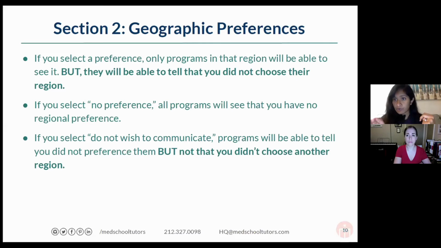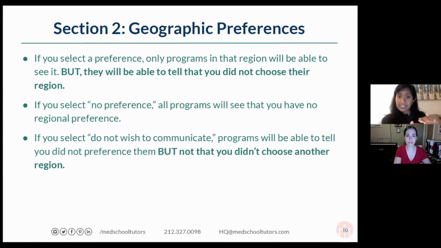However, a program in Texas, for example, will not be able to see that you put the Northeast. However, they will be able to see that you did not put Texas, or the region that Texas falls into. So they'll know if you put their area, and they'll know if you didn't put their area, if that makes sense. So that's the first option, if you do put a preference.